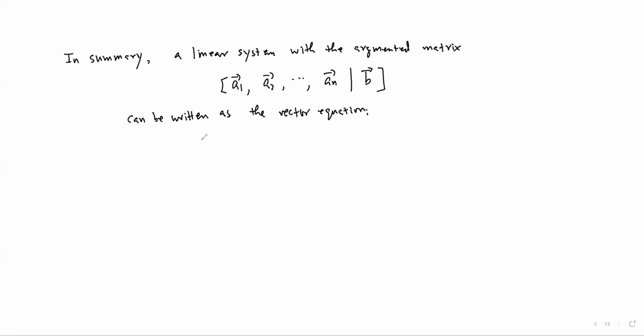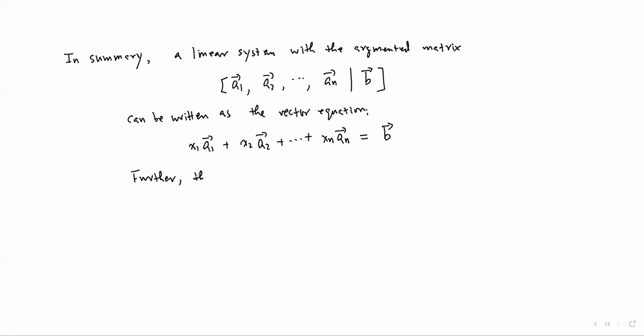It is x1 times the first column, plus x2 times the second column, plus xn times column n, equal to the right-hand side. A linear system can be written as this vector equation. Further, this vector equation can be written as a matrix equation.